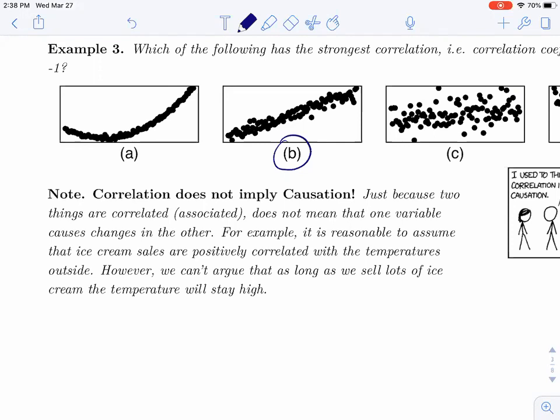A lot of the time it's going to be tempting to say that if 2 things are correlated, then one thing causes a change in the other. But that's not true. Especially if we're dealing with data that we're not quite sure of. I do a lot of data analyses, and people send me data, and stats is stats.